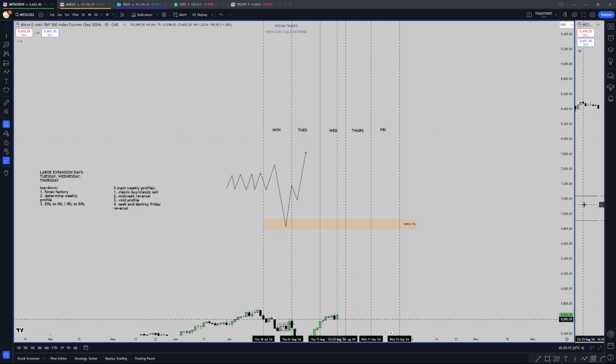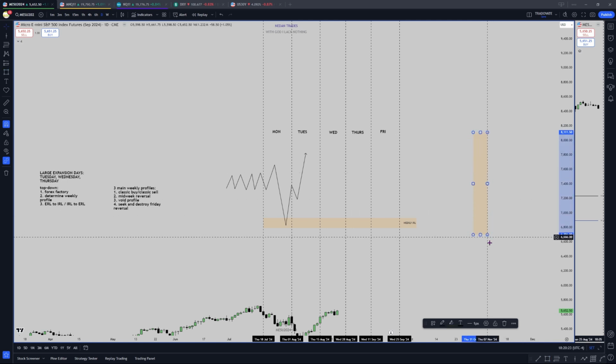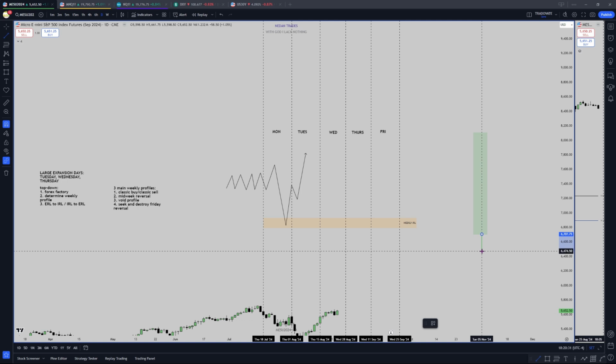Or we will have a TGIF setup where, let's say we have this large weekly candle right here, and the TGIF usually works when we have a classic buy week. So let me just draw this candle.